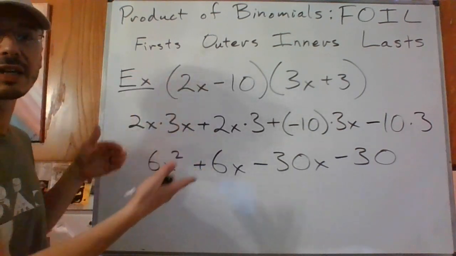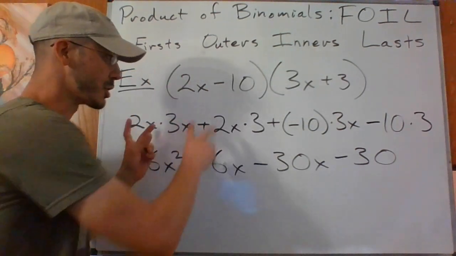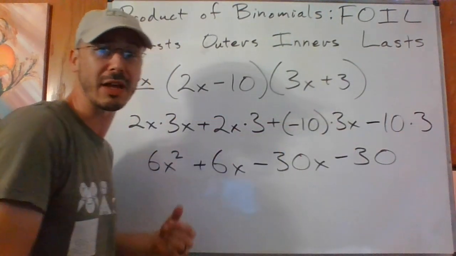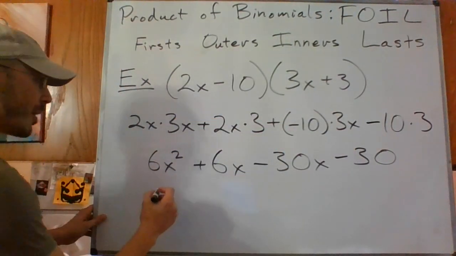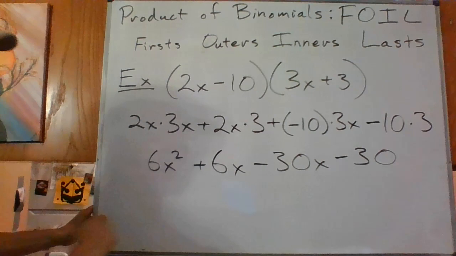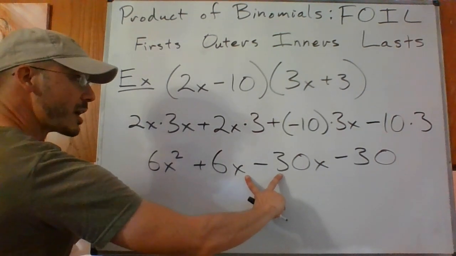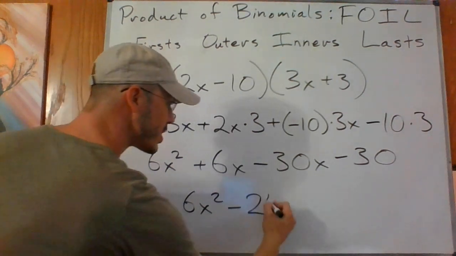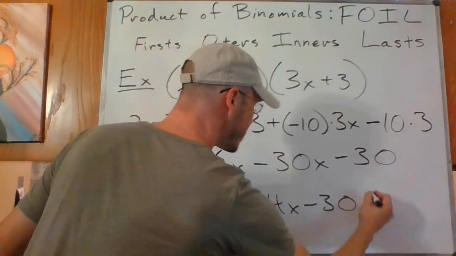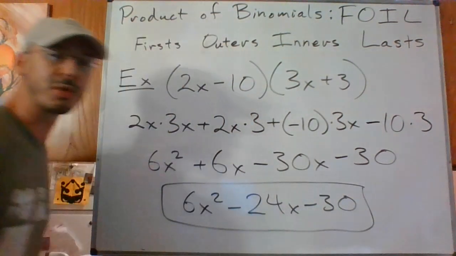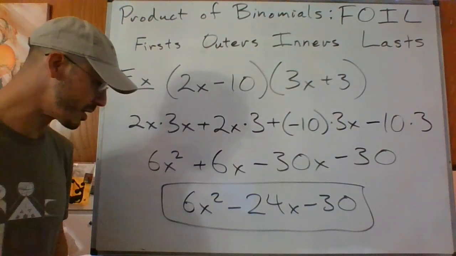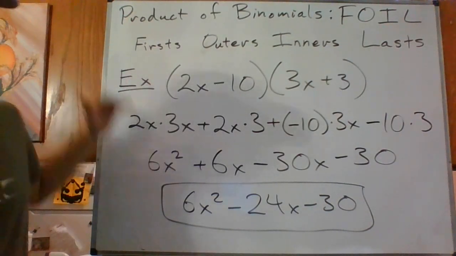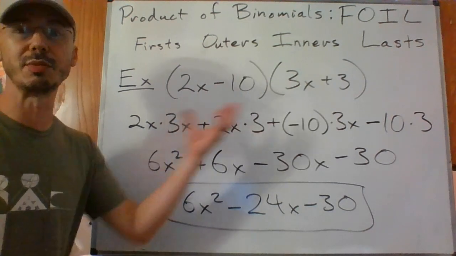You have to do the writing to avoid trying to do four different mental math pieces at the same time. The last thing I have to do is combine these two like terms, the x terms, but 6x squared minus 24x minus 30 is the product. And FOIL makes that much quicker than the double distributing.